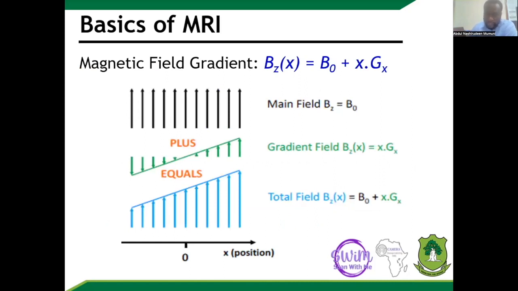If the gradient is applied, that is the green arrows you are seeing beneath the black arrows, those that are down would subtract the lines that are within their direction, and those that are up would be added. And in the end, the effect is what we see at the bottom as the total field. And this is exactly what happens to the magnetic field when the gradients are switched on.